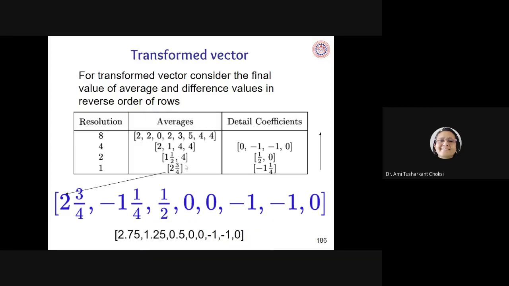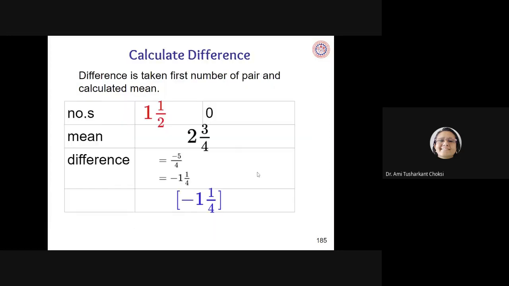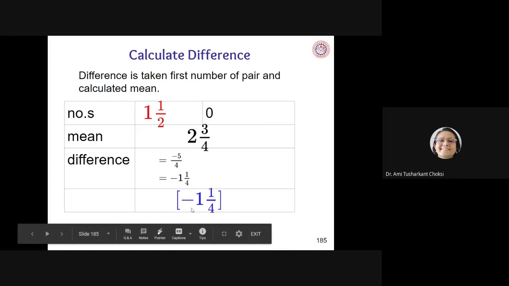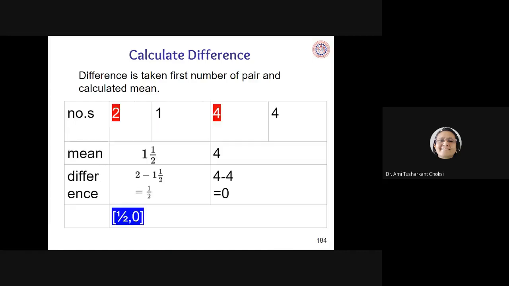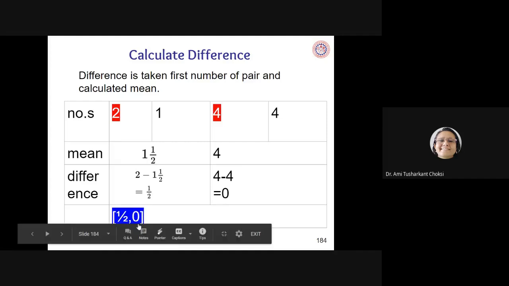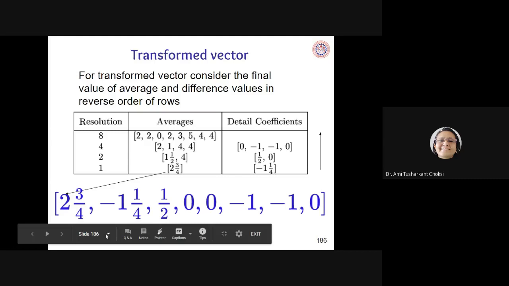Now, what are the coefficients we have to consider? Whatever coefficient was there at this point, that we are writing, in the reverse order. The way we started, the same thing we will consider.